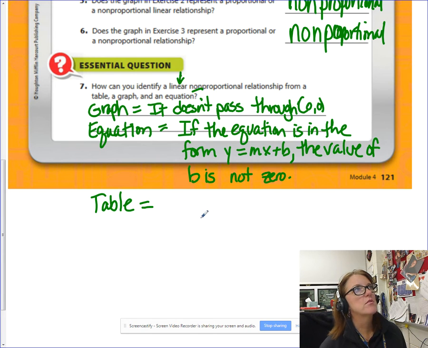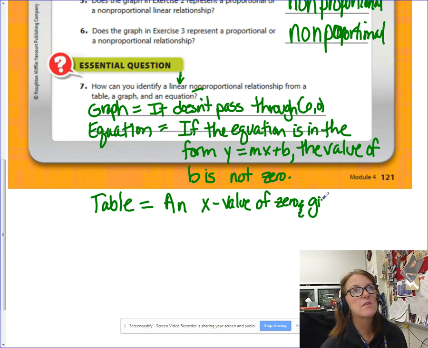And then how do you determine that it is non-proportional? Well, if you have a table, an x value of 0 gives a y value that is not 0.